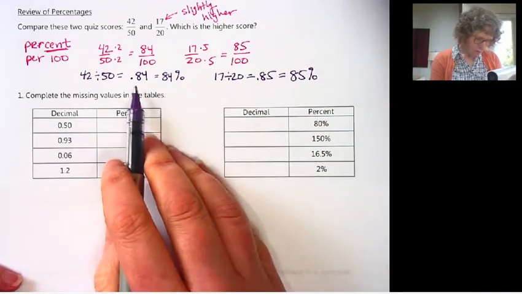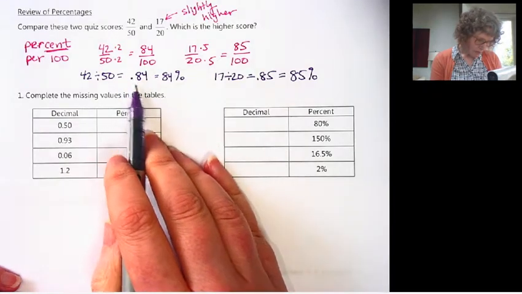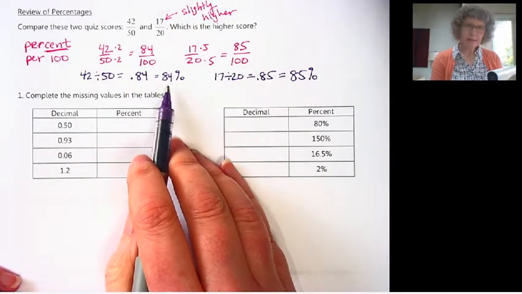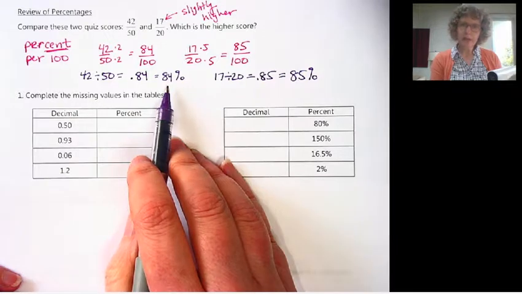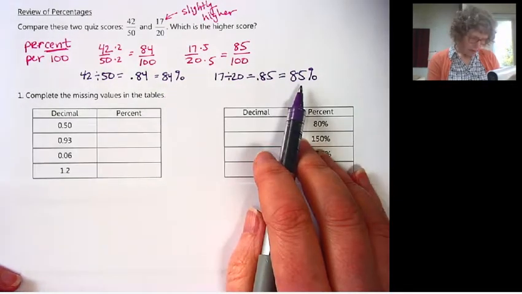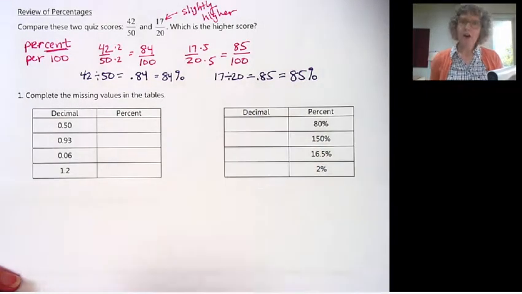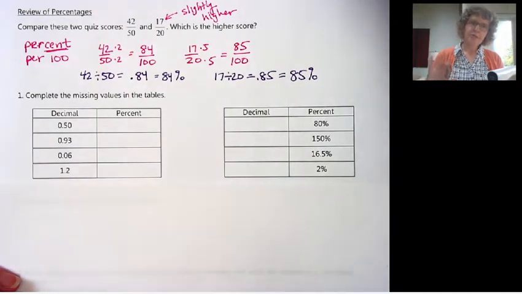Okay, so notice what we do with the decimal. If we get a decimal, we need to move it to the right 2 places, and that gives us our percentage. Or if we started with a percentage, we would need to move it to the left to get our decimal. So we need to practice going back and forth between decimals and percents.